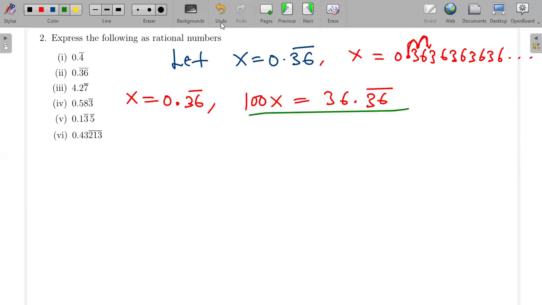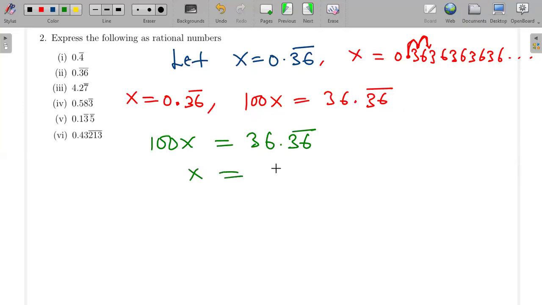This one is the bigger number, so 100x equals 36.36 bar, and this one is x equals 0.36 bar. From here, we just subtract. So 36 bar minus 36 bar will just be 0.